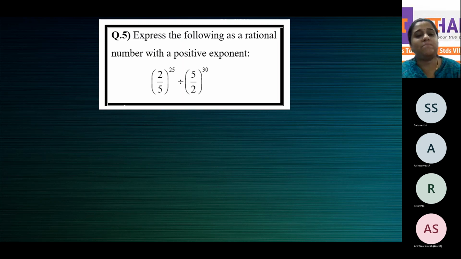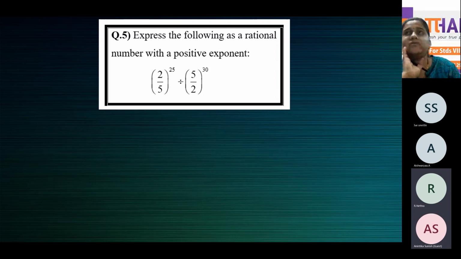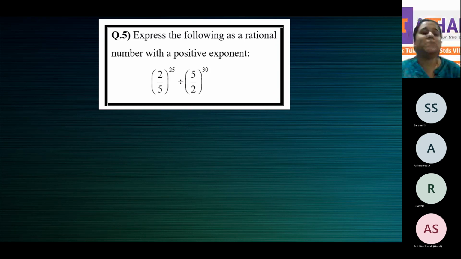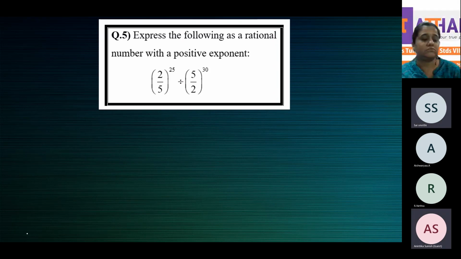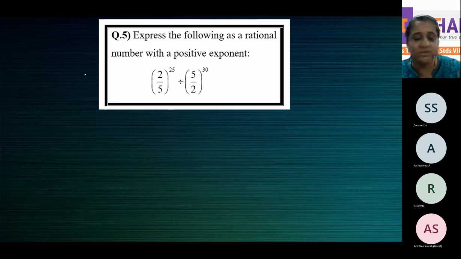Can you make the powers equal? Shreya, can you make the powers equal? Online students, can we make the powers equal? No, ma'am, because we have 25 and 30. But can you make the bases equal? Yes, ma'am. We can make the equivalent. Make it 5 by 2.